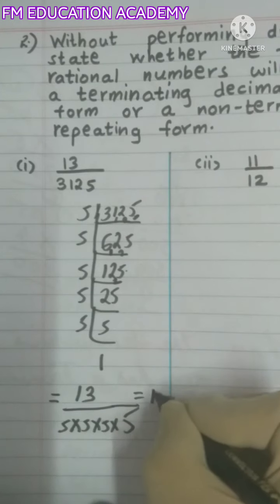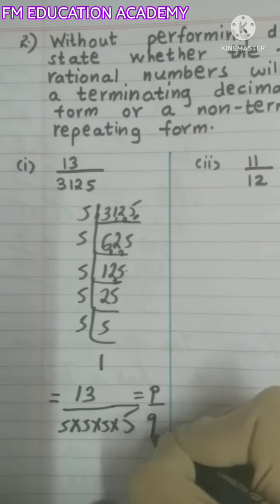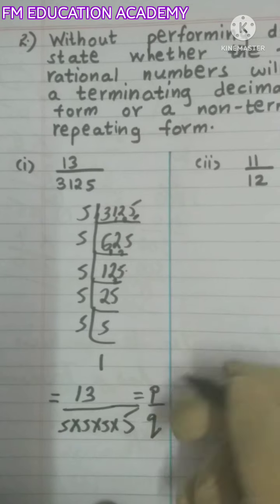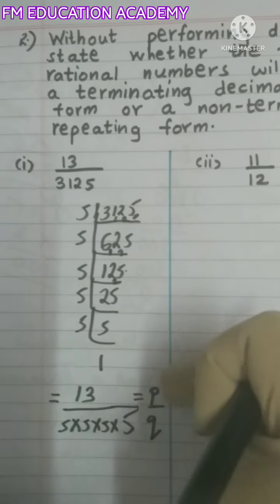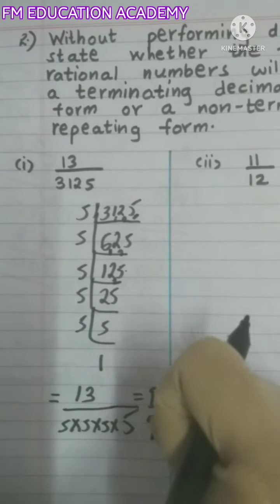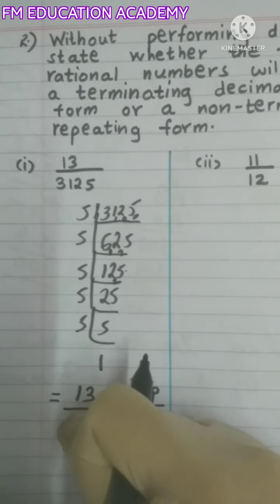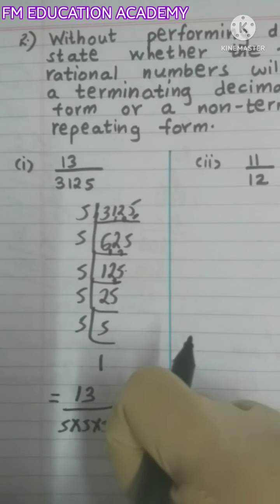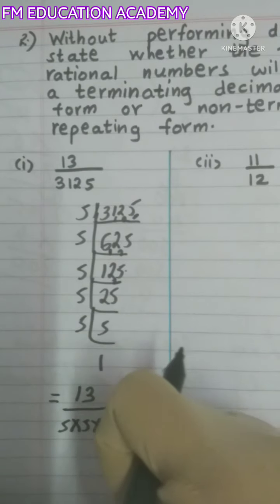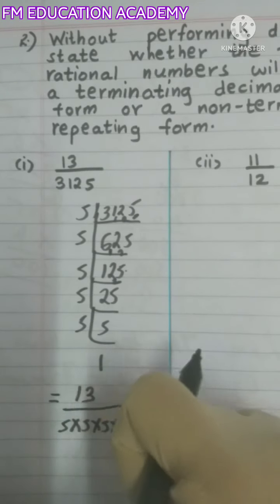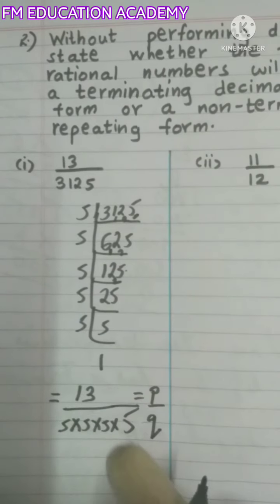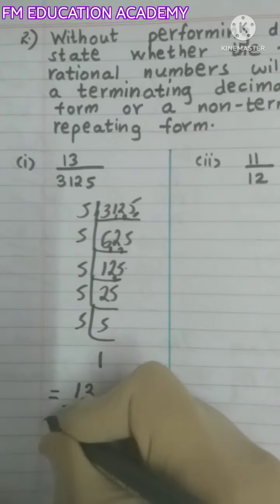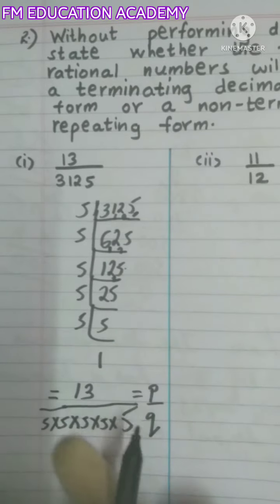So what is this? This can be expressed in the form of P by Q, right? So we know that whenever a rational number can be expressed in the form of P by Q, and Q is expressed in the form of 2 power n into 5 power m, we can say that the given rational number has a terminating decimal expansion. So here if you observe, we have 5 power 5 and also we have 2 power 0.